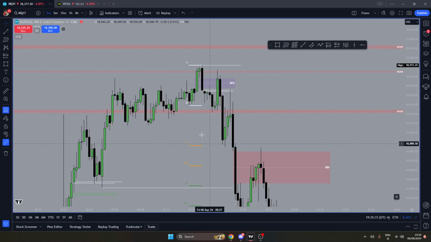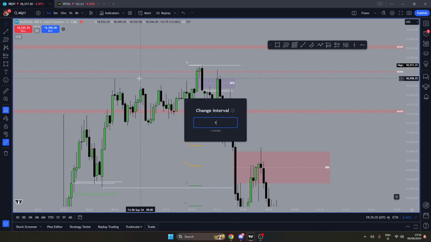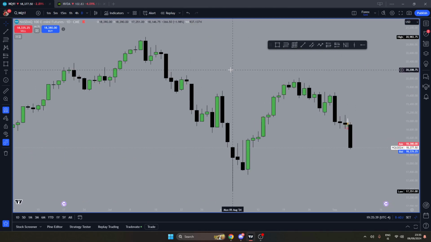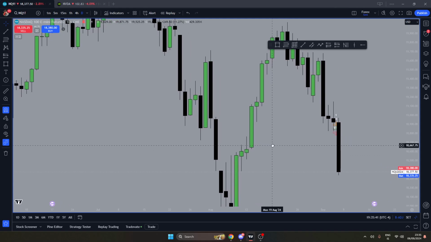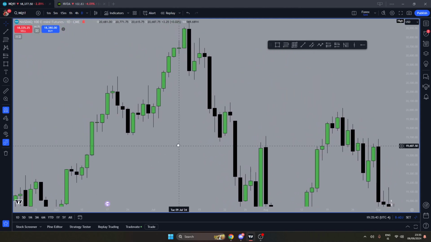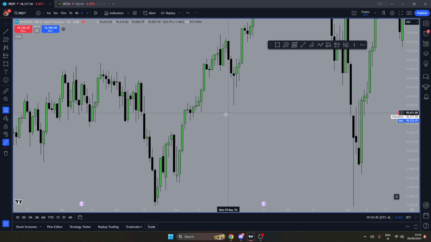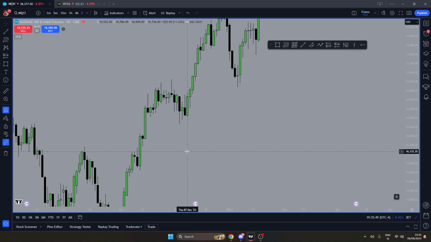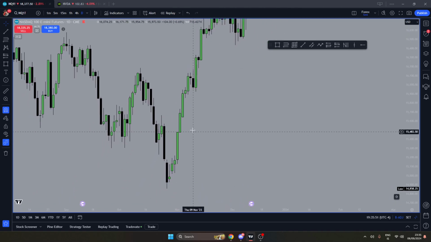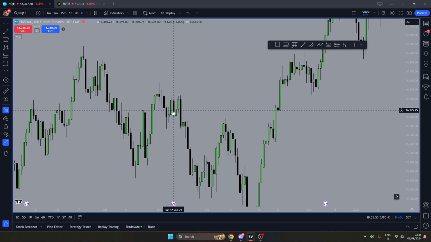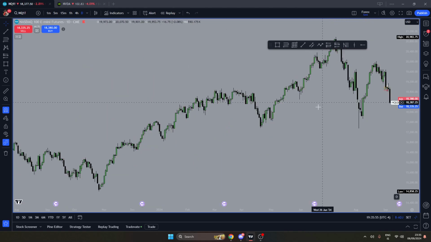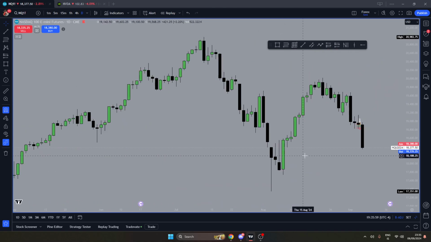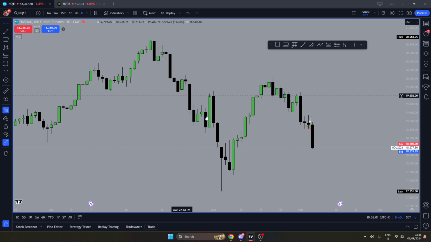So, we need to go on a higher time frame to see liquidity voids, right? Because they're so rare to see. To see a genuine liquidity void, how far back do we need to go to find a singular liquidity void? Because, actually, I think there is one somewhere over.